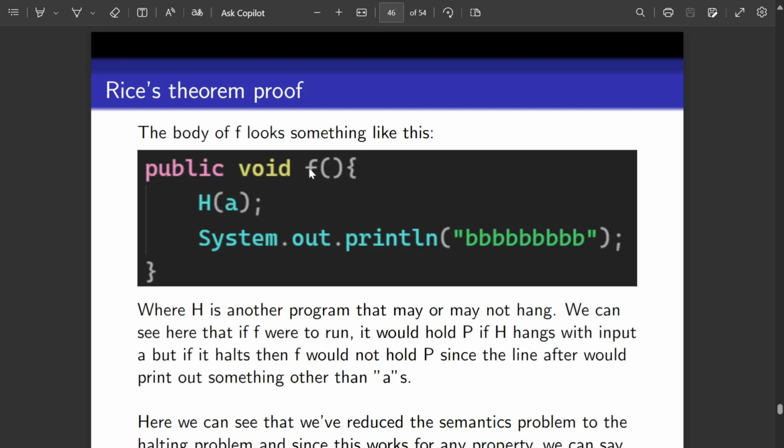This creates two prerequisites for making a semantic problem undecidable: it has to be semantic, and it has to be non-trivial. If those two things hold, the semantic property is undecidable. Sorry, I fumbled my words there a little bit, but did that make sense to everyone?